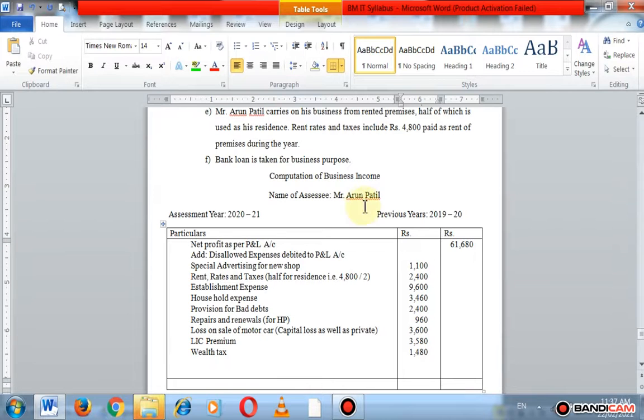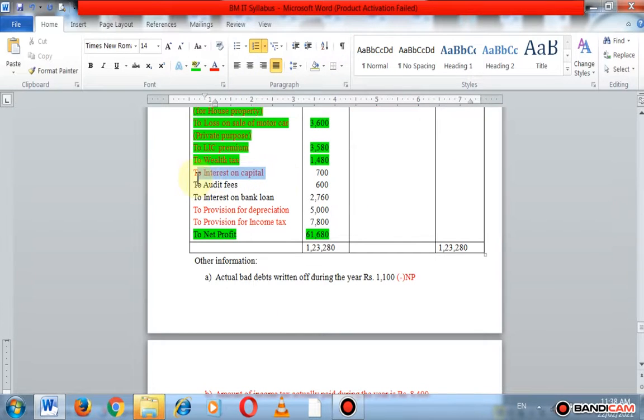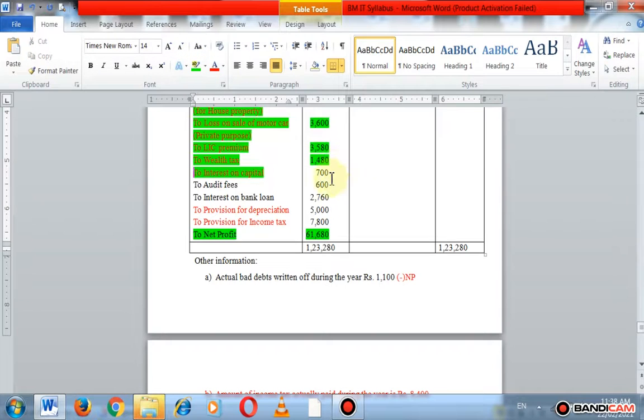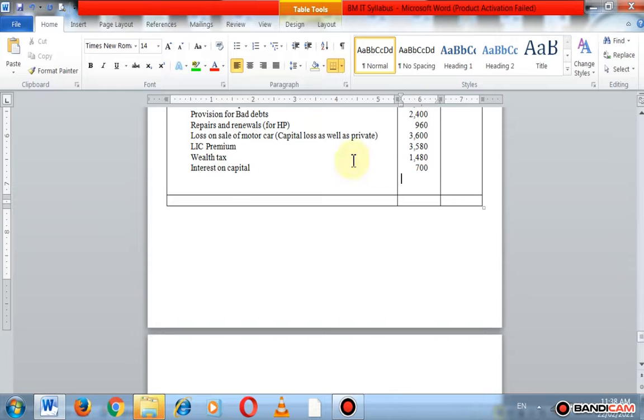Then interest on capital, a disallowed expenditure of business, 700. So add interest on capital 700.